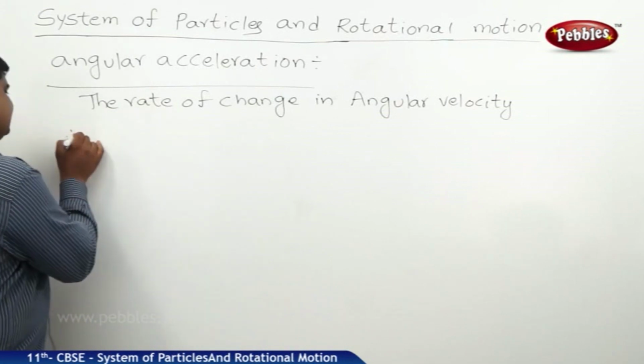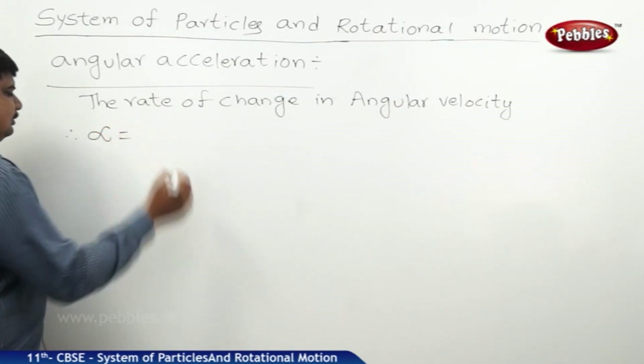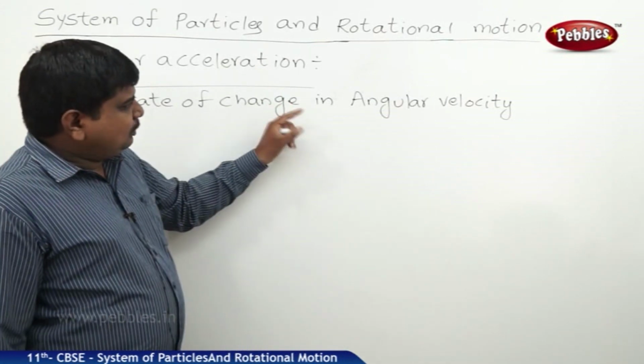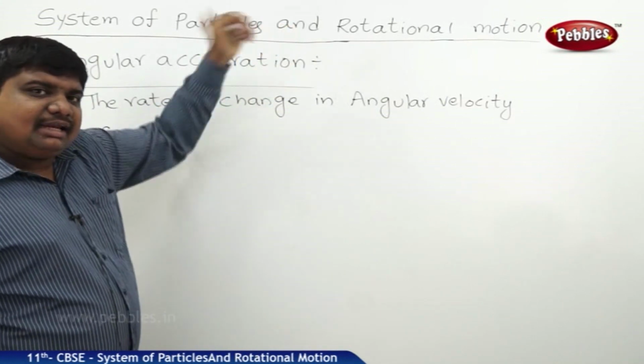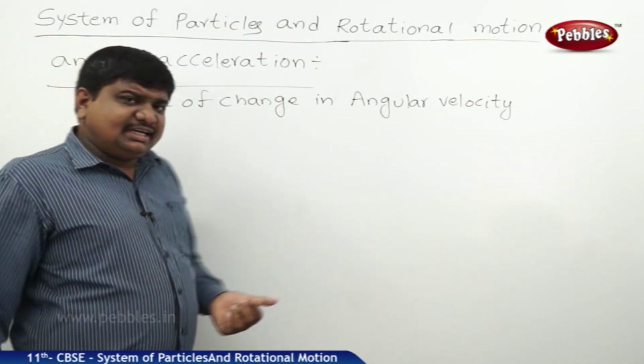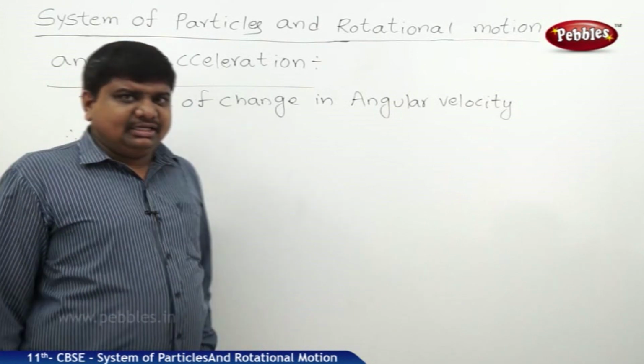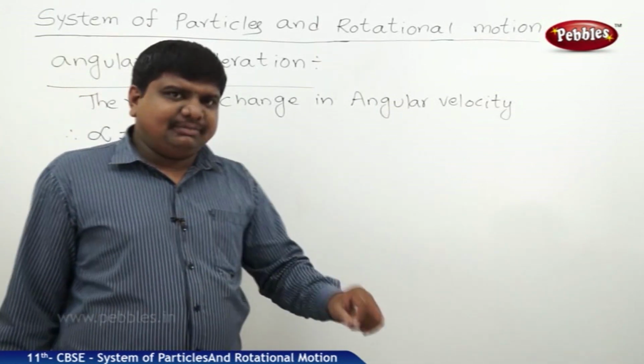So its symbol is alpha. Just look at the linear velocity case. In case of linear acceleration, the formula is v minus u by t, final velocity minus initial velocity by time.